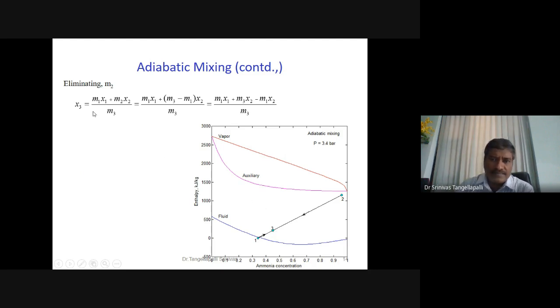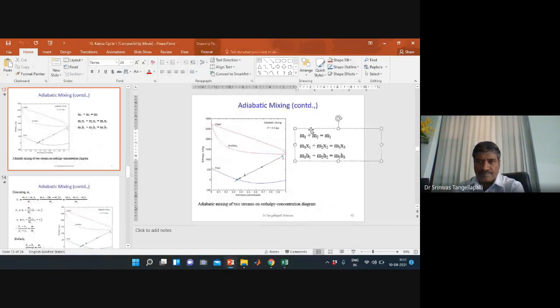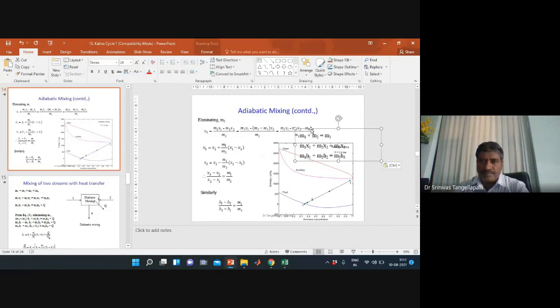That's why X3 from the earlier equations, after elimination, is M1 X1 plus M2 X2 by M3. One minute, I will show these earlier equations. I refer to these old equations.